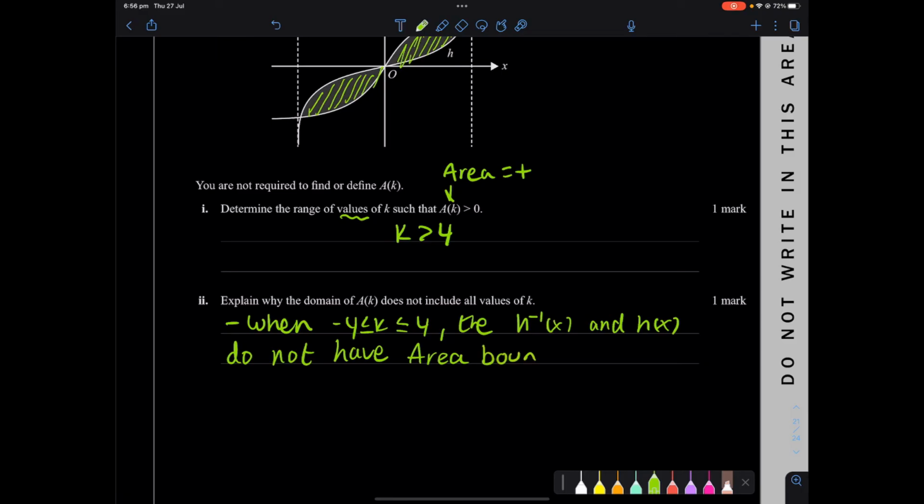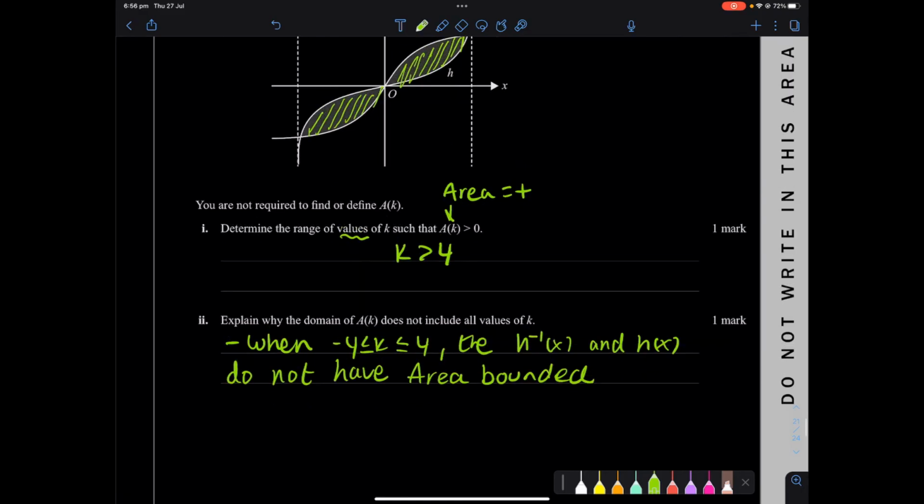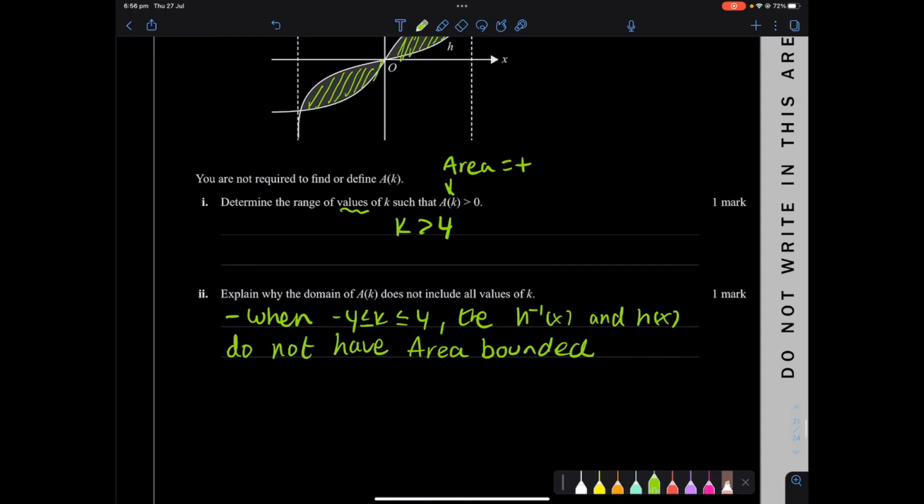Is that right? So when k is from −4 to 4, h of x and its inverse do not have an area bounded. Therefore, A(k) does not exist.